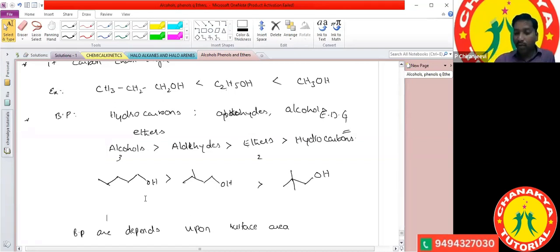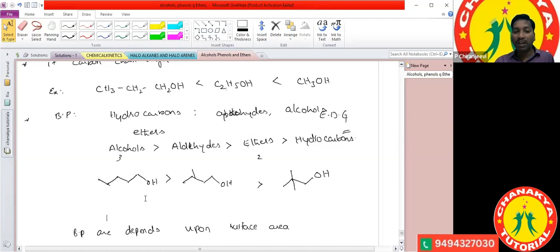And we are discussing boiling point temperatures. Alcohols have a high boiling point compared with carbonyl compounds, aldehydes, ketones, ethers, and hydrocarbons of similar molar masses. Alcohols have a high boiling point because they form intermolecular hydrogen bonding.